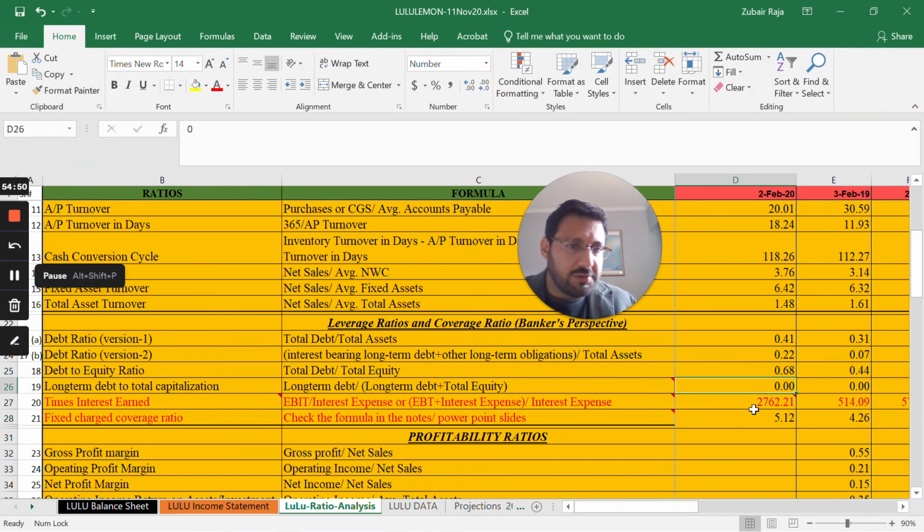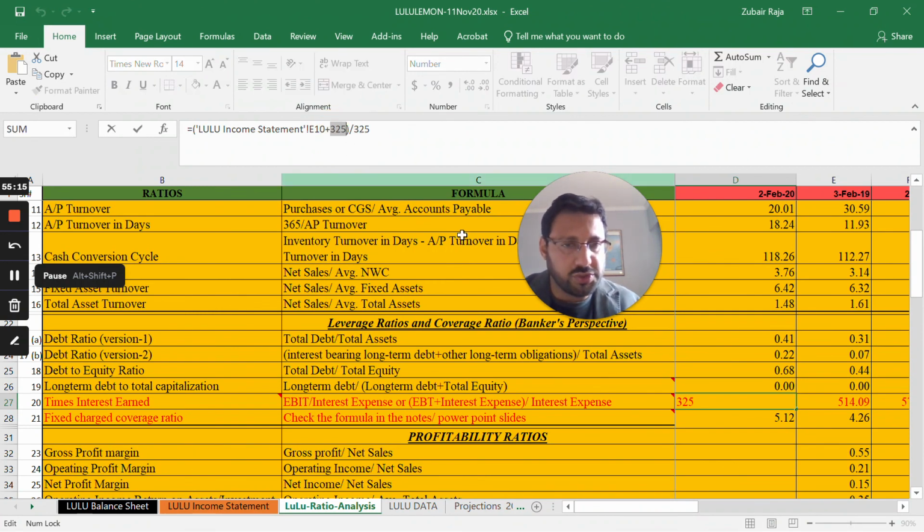Check over here how many different numbers they have, right, like on 2nd February 2020. So interest paid expense, that I got, and if you see it was 325,000, which I also showed you on the slide.